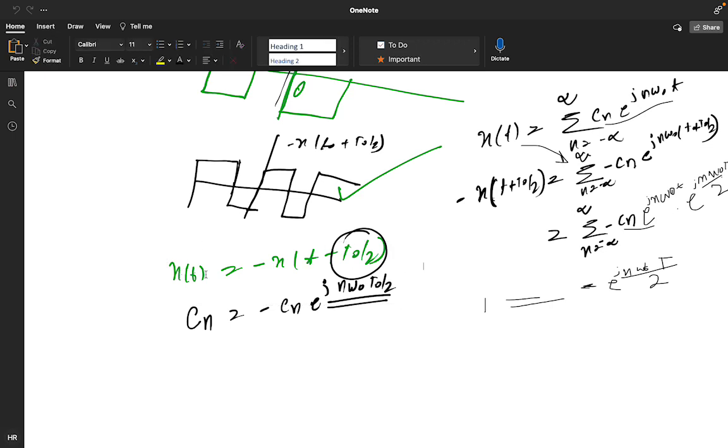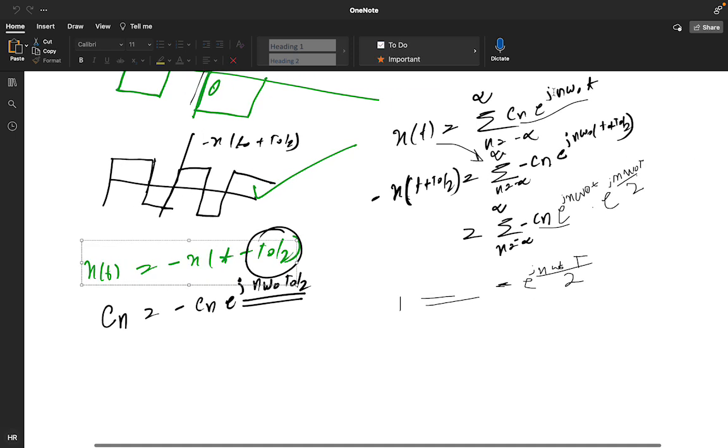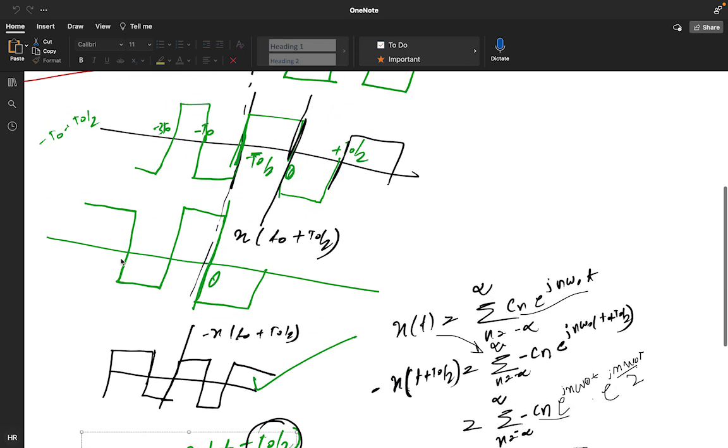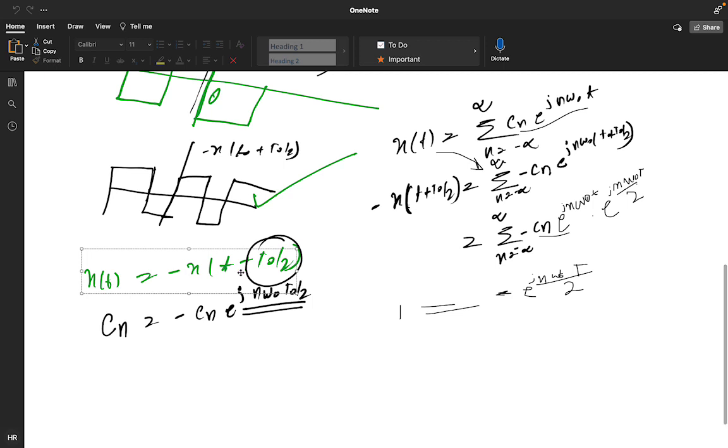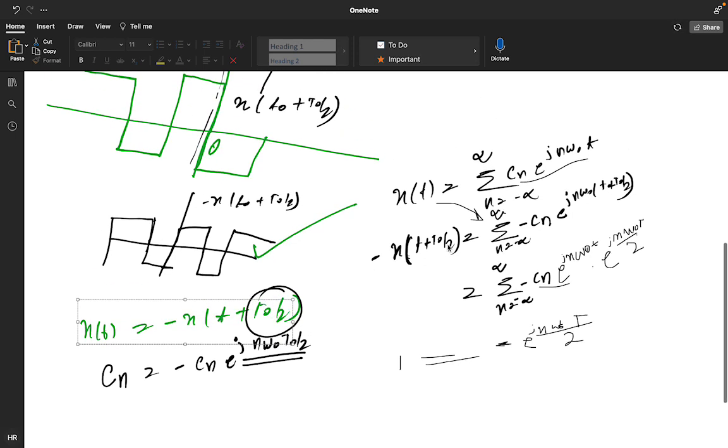When you apply the exponential Fourier series on x of t, the formula is summation from n equals minus infinity to infinity c of n e power j n omega naught t, correct? And we had seen that after shifting we are getting the same thing. So now if I apply the Fourier series on minus x of t plus t naught by 2, what will I get? The negative term: minus cn e power j n omega naught, and instead of t we write the whole expression t plus t naught by 2.